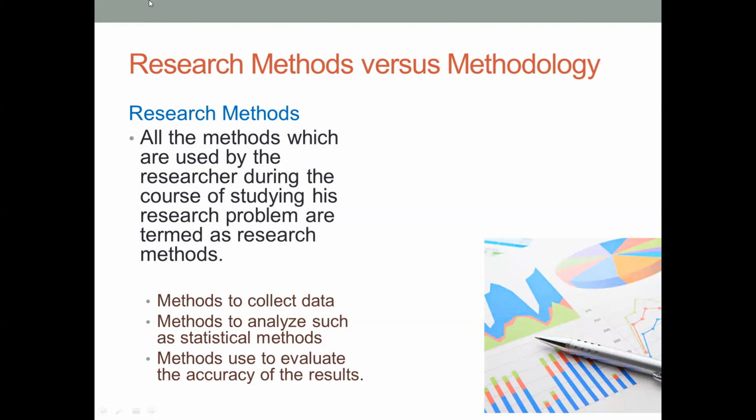The third type of methods under a research is the methods to evaluate the accuracy of the results. I will teach you in detail what these are in coming lectures.